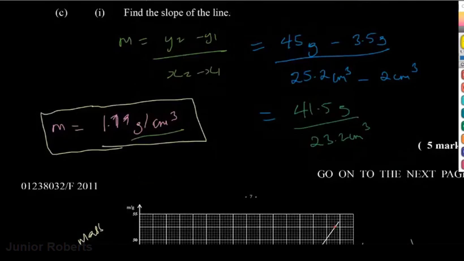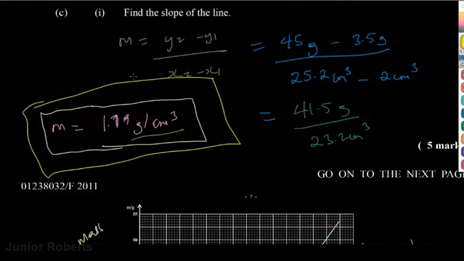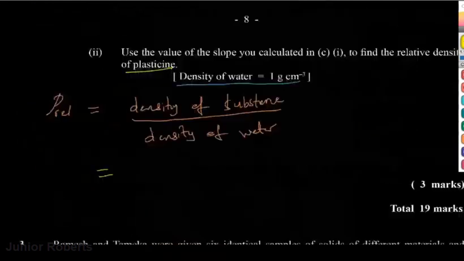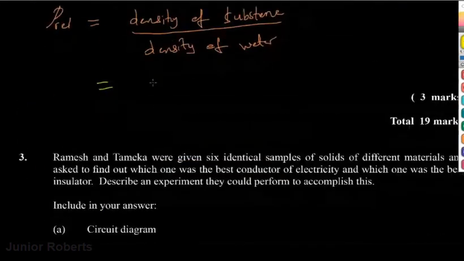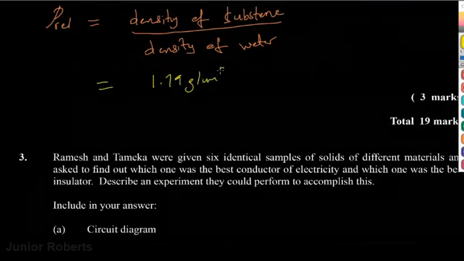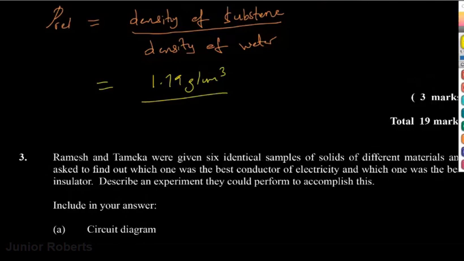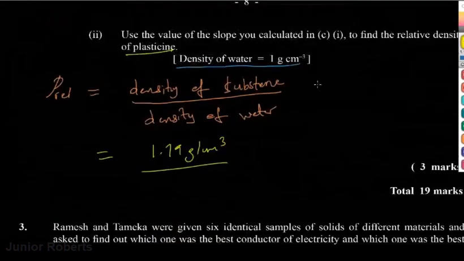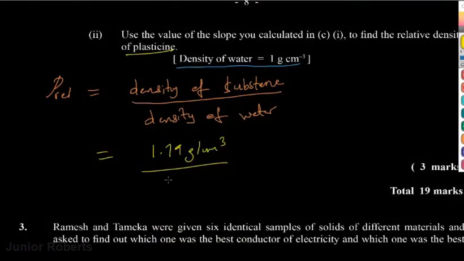What is it? 1.79 gram per cm cube, right? So we write 1.79 gram per centimeter cube divided by the density of water, which is 1 gram per centimeter cube.